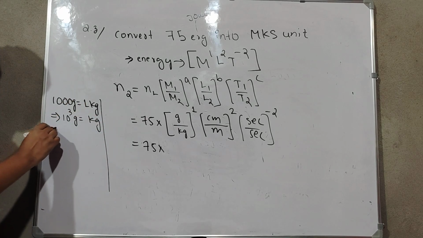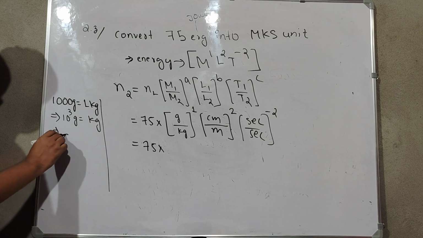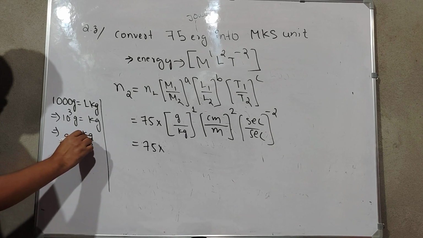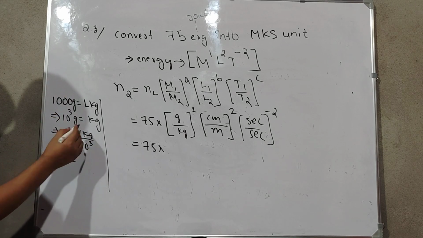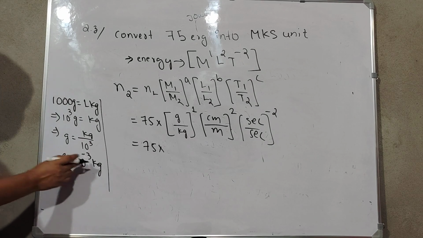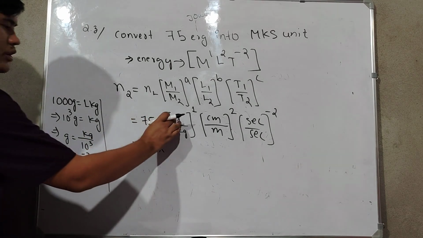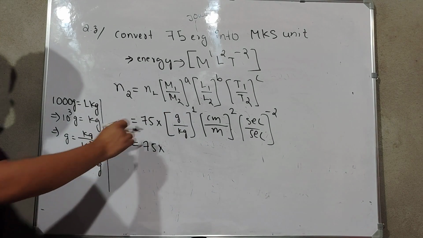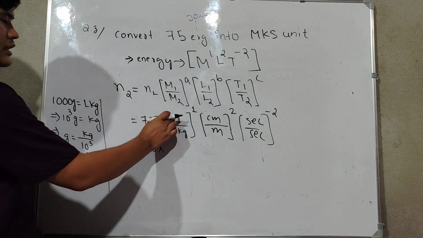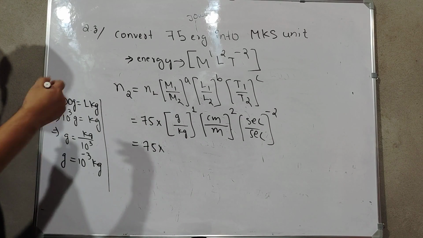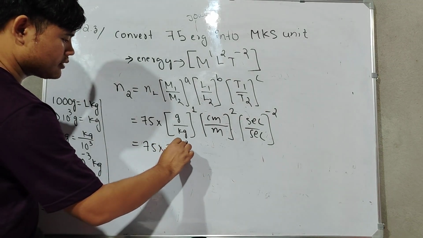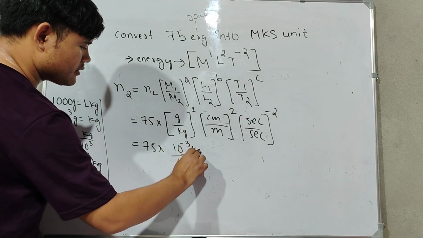So now 10 to the power 3 will go to this side. 1 gram is equal to 10 to the power -3 kg. So in place of gram I can substitute 10 to the power -3 kg, because I have to convert from CGS to MKS, right?